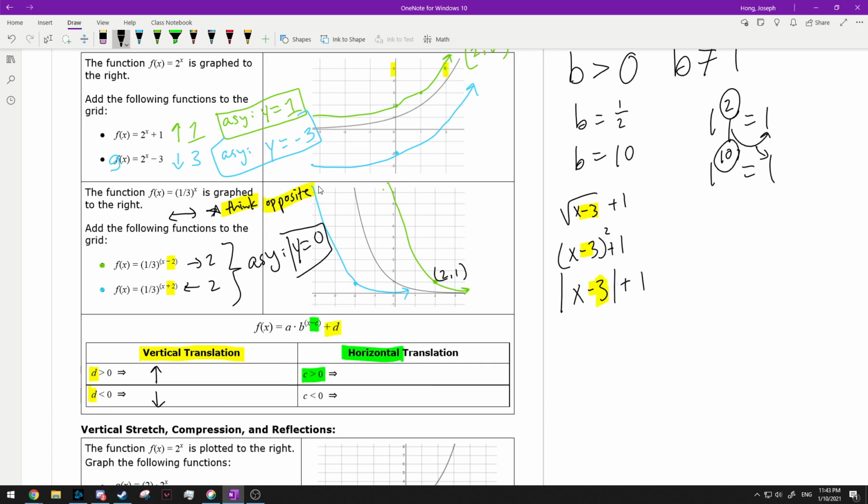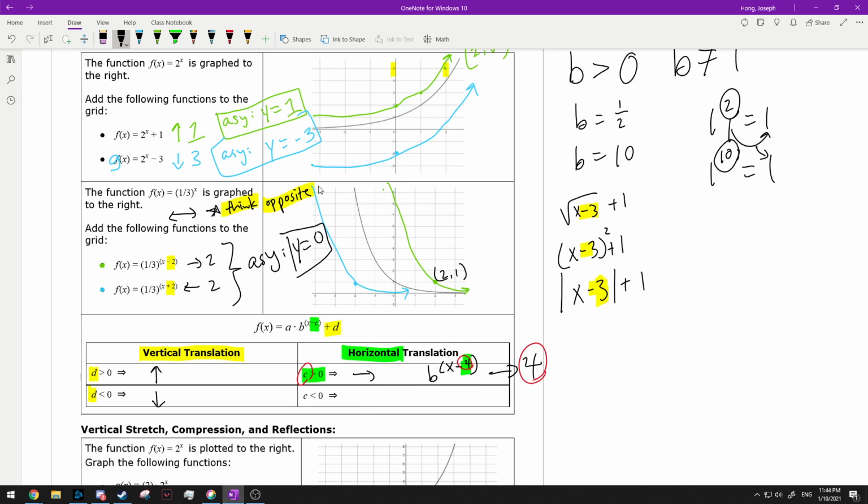So if C is greater than 0, we're actually going to go to the right, because with b to the power of x minus 4, we move 4 units to the right. Even though this would be my C, it still comes out to be x minus 4 in the end.